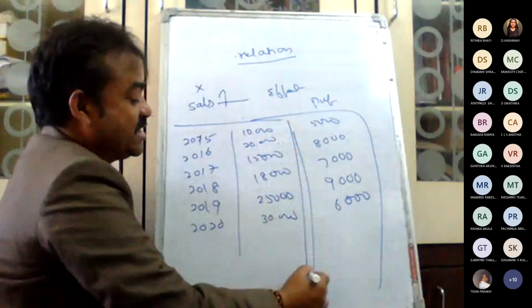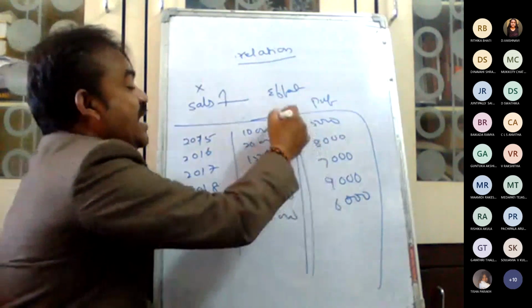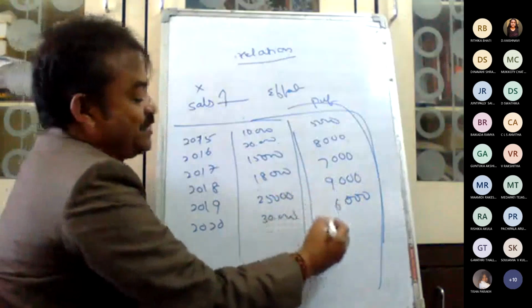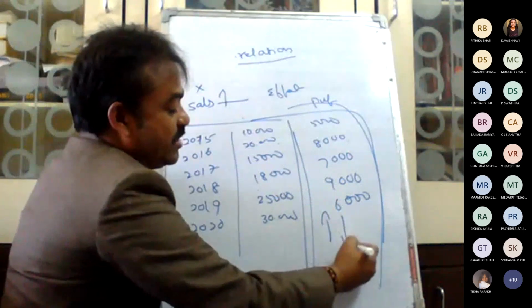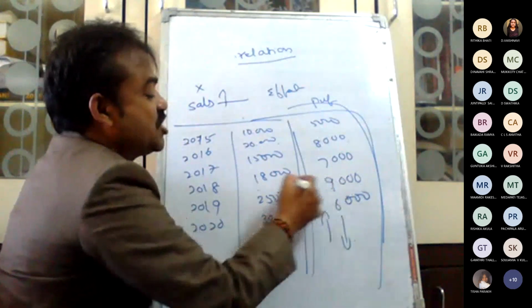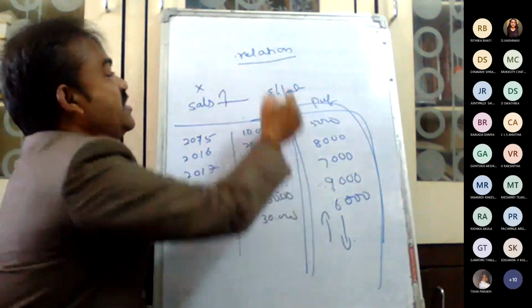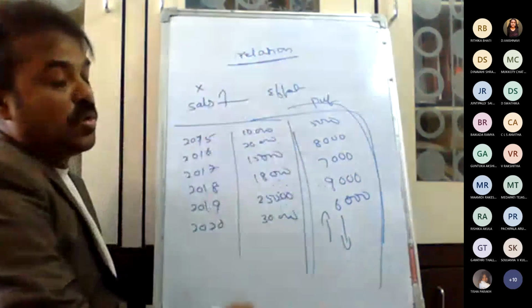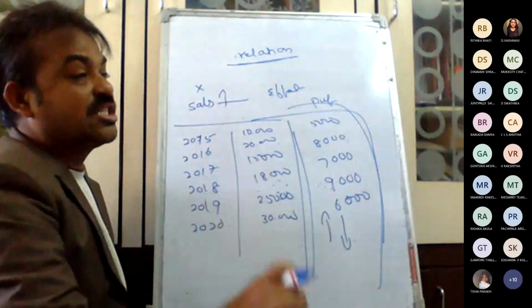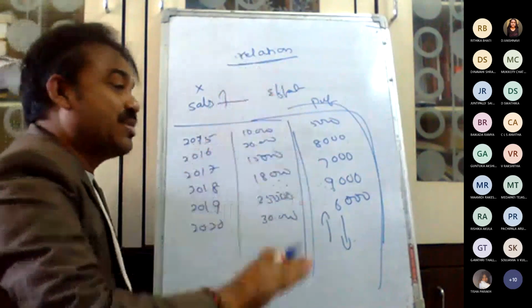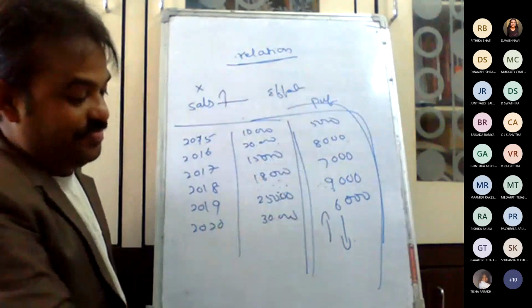Whether it is increasing or decreasing, is the effect on the profit the same way or not? What is the relationship between these two variables? That will be known with the help of correlation. Correlation is nothing but the relationship between two variables. Is it a positive relation or negative relation?